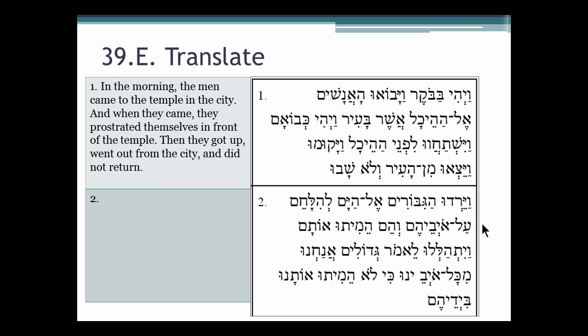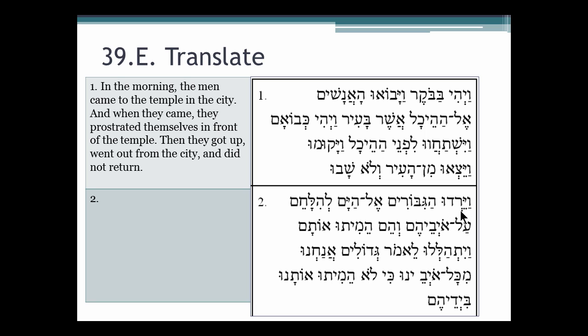Number 2, Vayer'du. So we've got here Vav Patak Dagesh. Okay. We've got a Vav consecutive form. The Tsere under the Yod here is going to suggest to us that we've got a first Yod lemma, Yarad. We've got Yod and a long U vowel here, so it's third masculine plural.